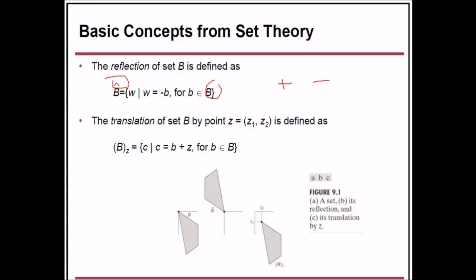This is the reflection, and then the translation of set B by a point Z, with components Z1, Z2, is nothing but adding some Z to the initial value.